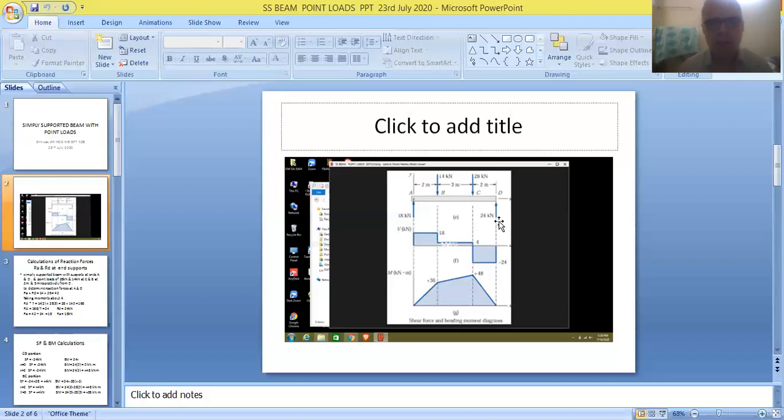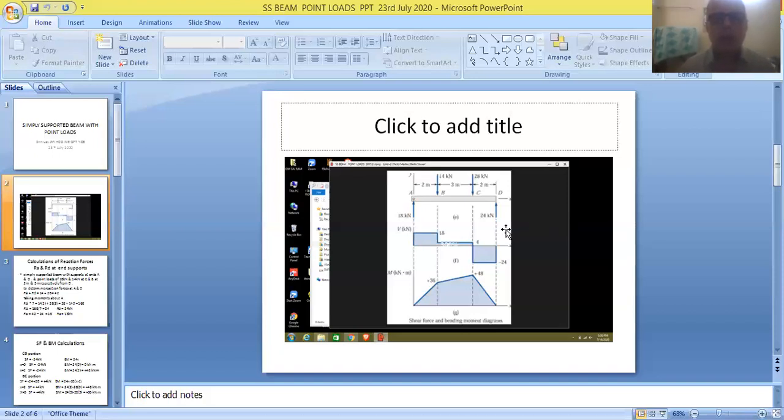So obviously, this beam is supported at both the ends, namely A and D. That's why, friends, it is called a simply supported beam.